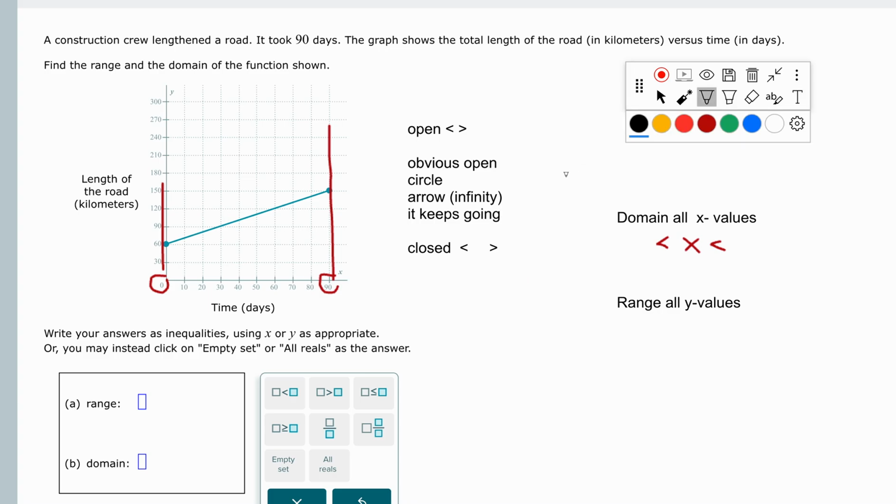So what I want you to think, so you don't get confused, is it's always closed except for these two times. One, when you have a big obvious open circle, or two, when you have an arrow, and that means it keeps going. All the other times it's closed. Okay? So please write that down. Pause it so you can write this down.